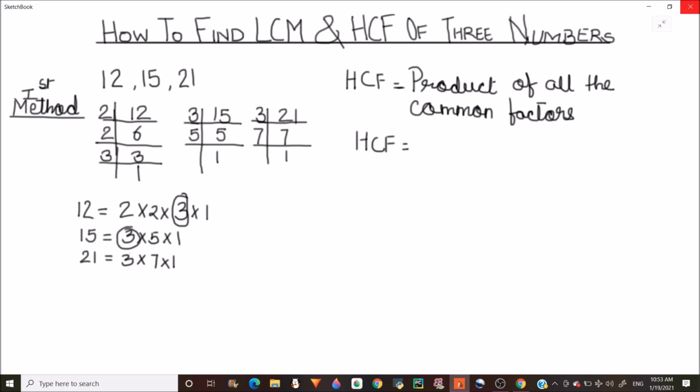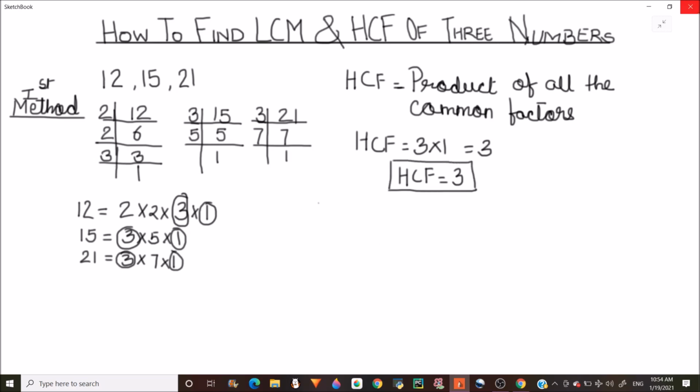So I am going to circle the common factors. So HCF will become 3 times 1, which is equal to 3. So HCF of the three numbers 12, 15 and 21 is 3.